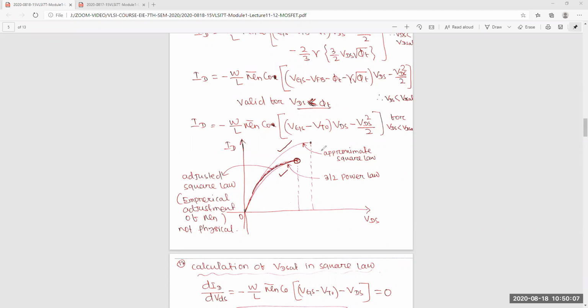Okay, it will not affect your calculation because it is a very small deviation. So by doing this approximation and adjustment, finally this square law is valid for all the calculations.